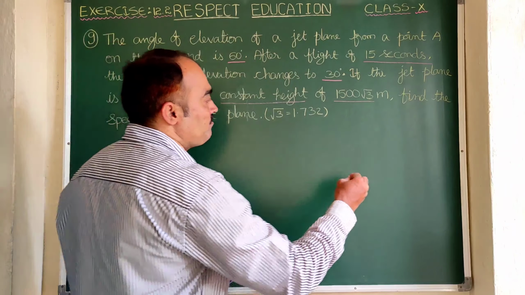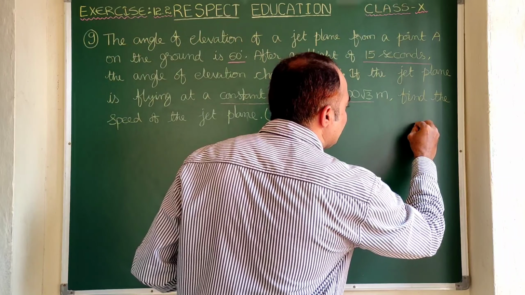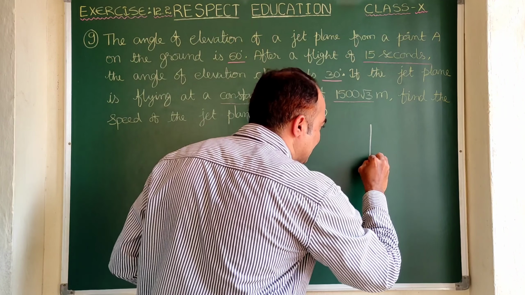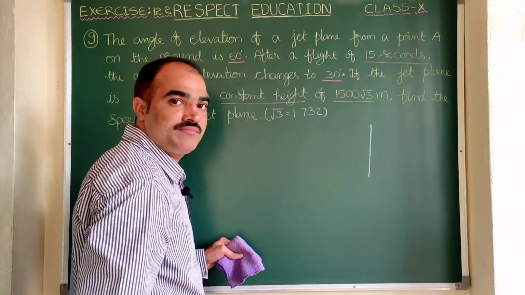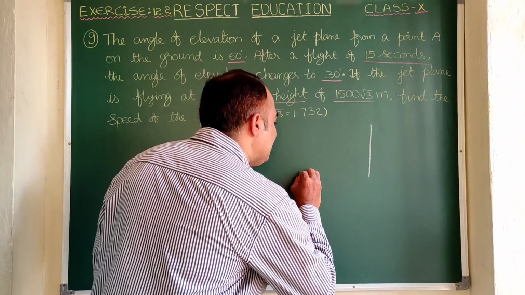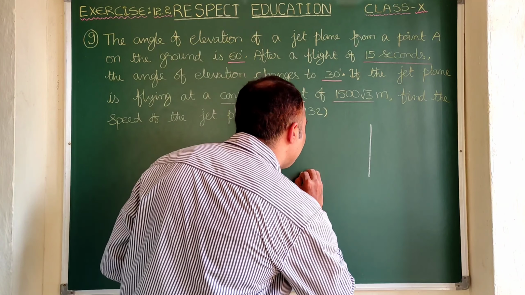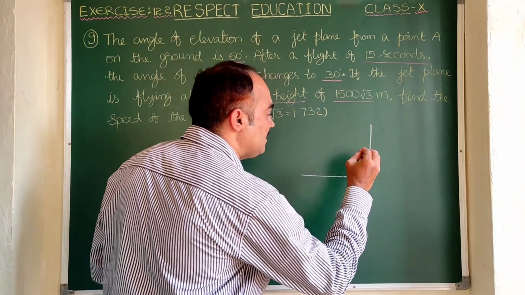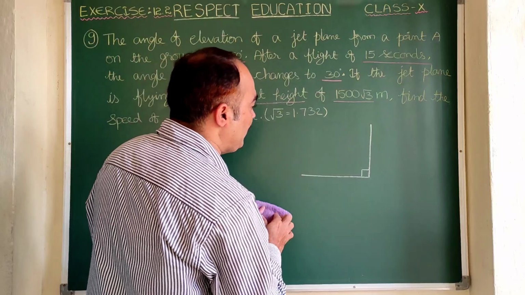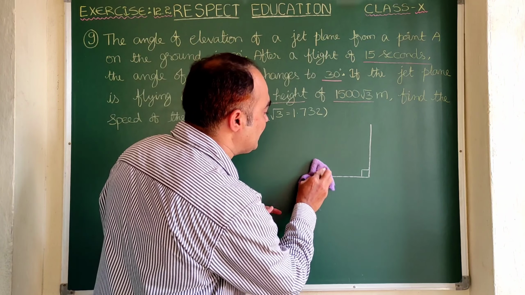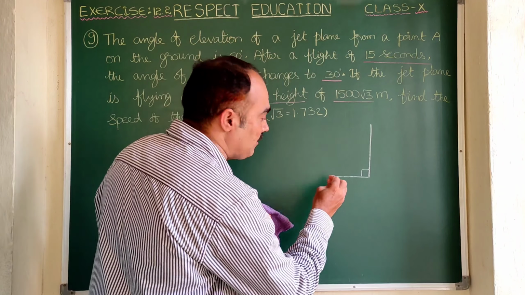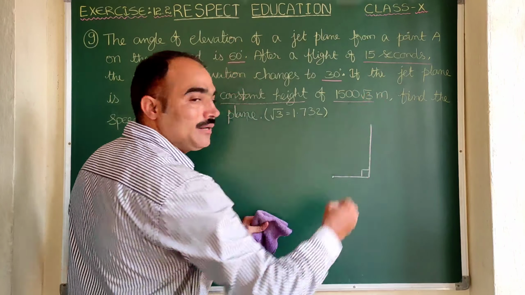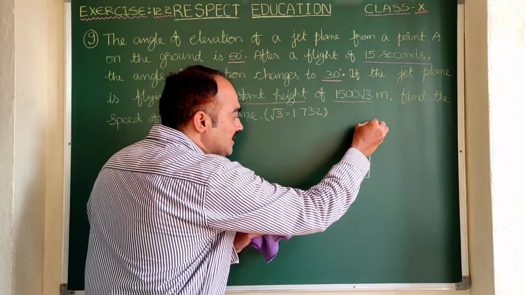First, consider here there is a jet plane. For example, this is the jet plane. Now here is a point on the ground, so it is 90 degrees. From this point, as the angle is 60 degrees, we should take it a little bit closer. From this point, if you observe the jet plane, here it is 60 degrees.